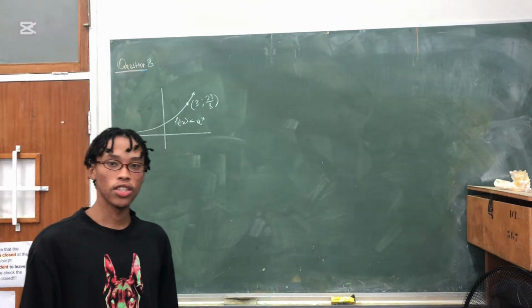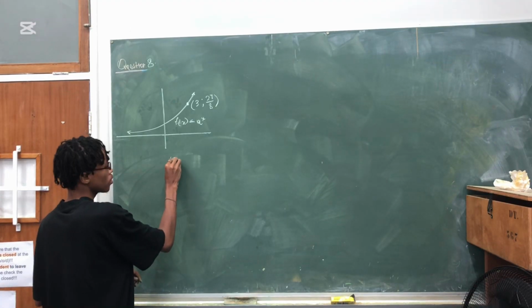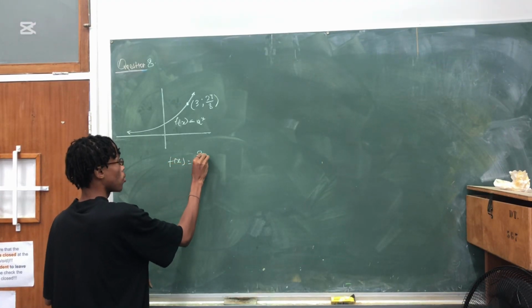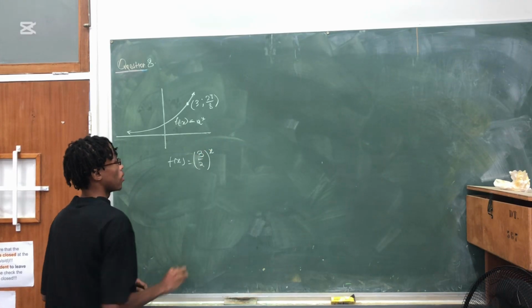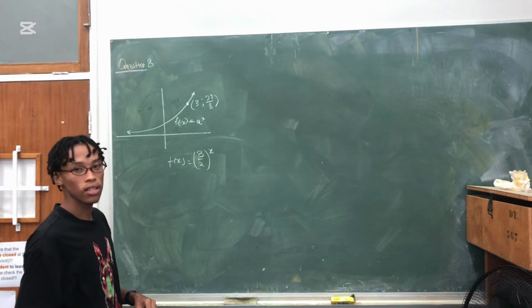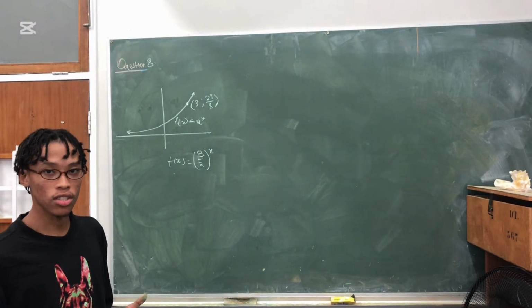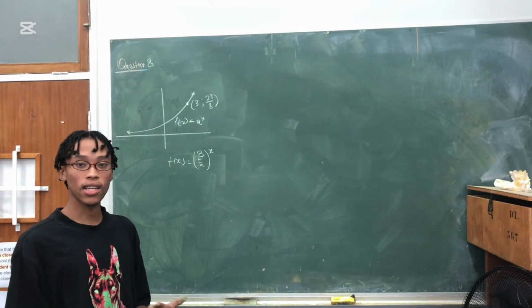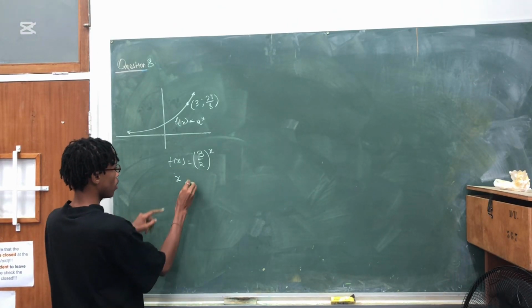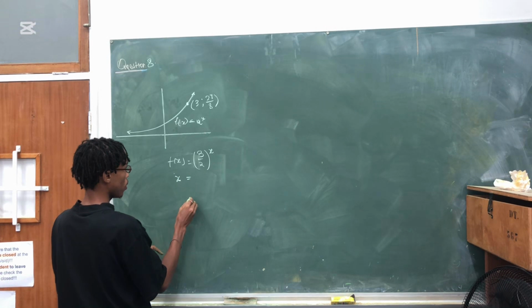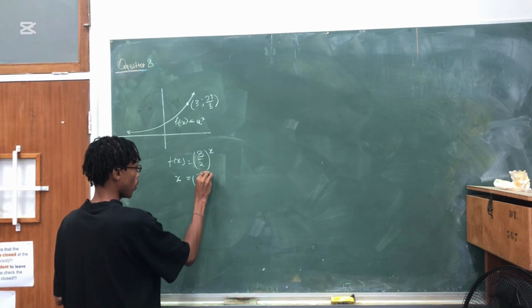Now, the second question is asking us to find the inverse of the f of x function. Our f of x function is equal to 3/2 to the power x. The first thing you need to consider when we're dealing with inverse operations is switching your x and y. So we're going to replace our x with the y, our y with the x, then 3/2, and then y.